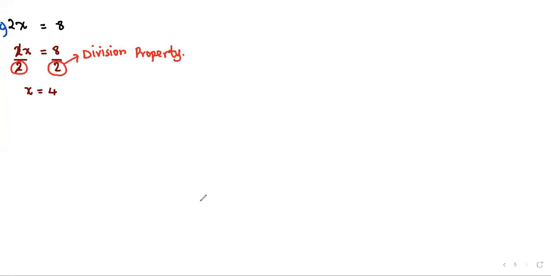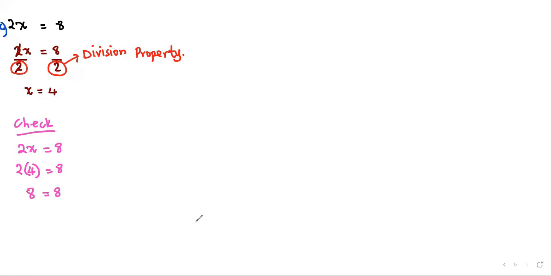And now, to check this, we have seen that 2x is equal to 8. So x is 4. So we are getting 2 times x, which is 4, is equal to 8. And you see that 2 times 4 is 8, which is the same as 8 on the right-hand side.